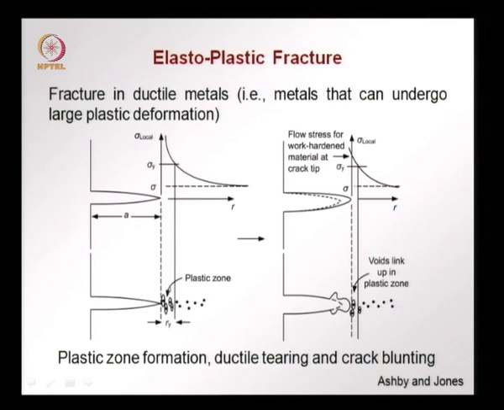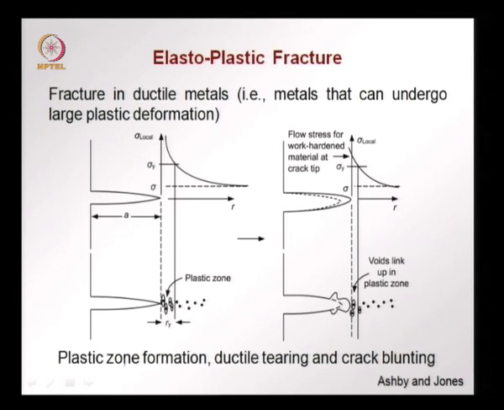So what we see is, first there is a zone which becomes plastic. With further increase in stress, the cavities that form in the plastic zone join up with the crack. You have a crack extension, but a blunt crack forming. This crack blunting requires additional energy to propagate the crack, because the blunting decreases the stress concentration, and then progressively a plastic zone is formed ahead of the crack, and the crack will extend.